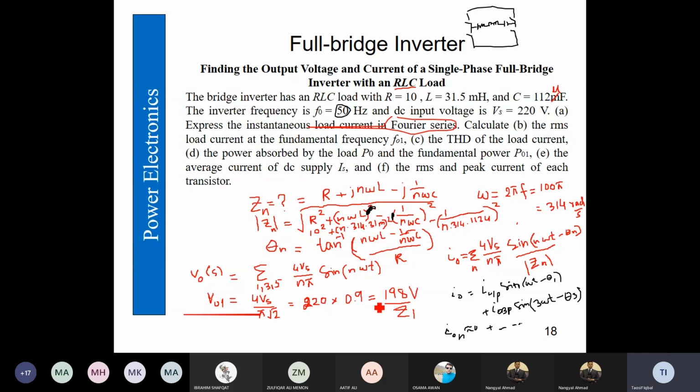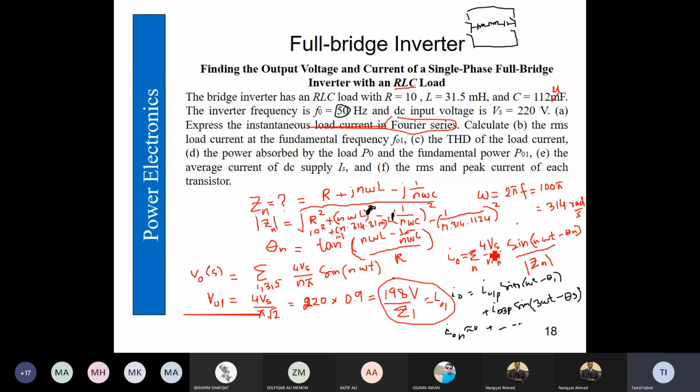If we solve, we will get the same answer. So now we are going to divide 198 by impedance Z1 and we'll get IO1.